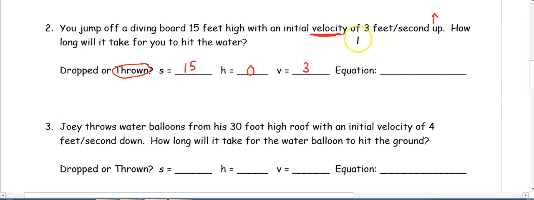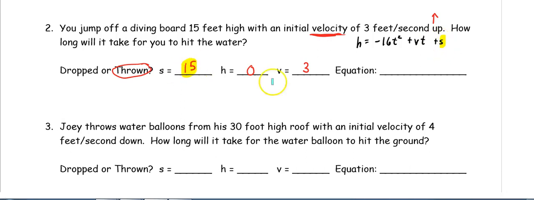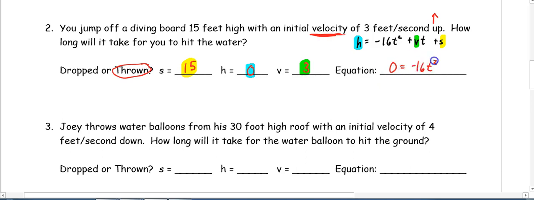So the throw equation is H equals negative 16t squared plus VT plus S. So in this case, we're going to substitute 15 in for S, 0 in for H, and 3 in for V. So when I substitute, I would get 0 equals negative 16t squared plus 3t plus 15.